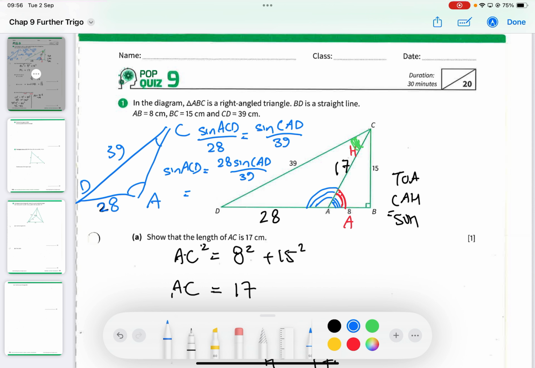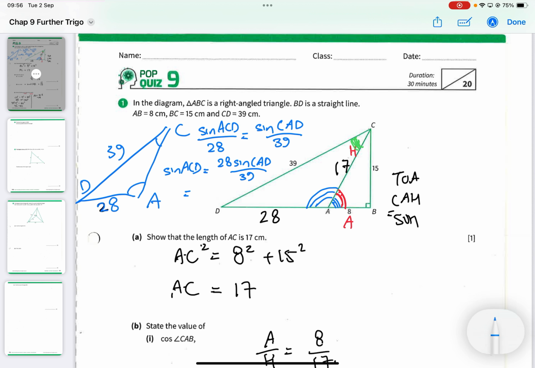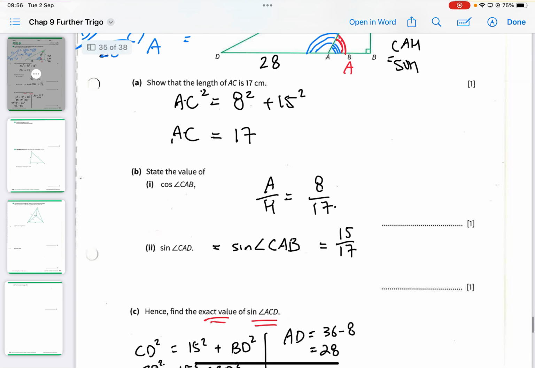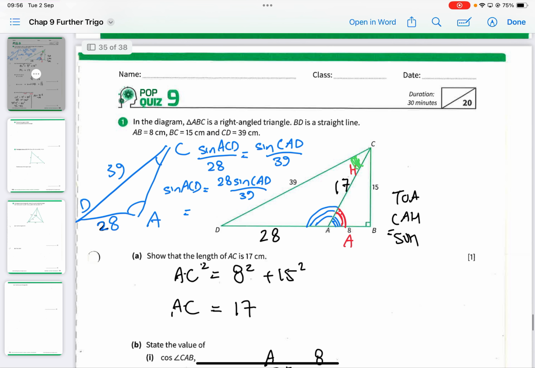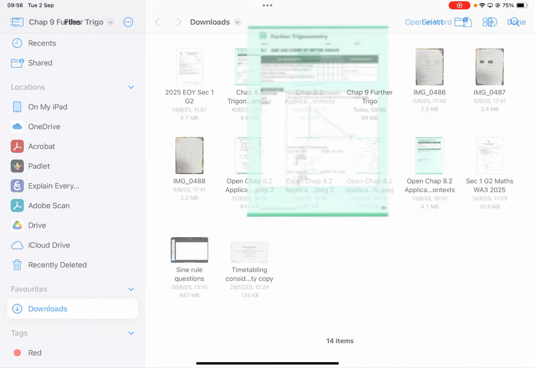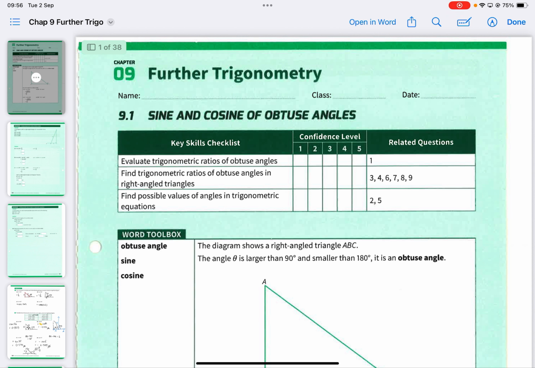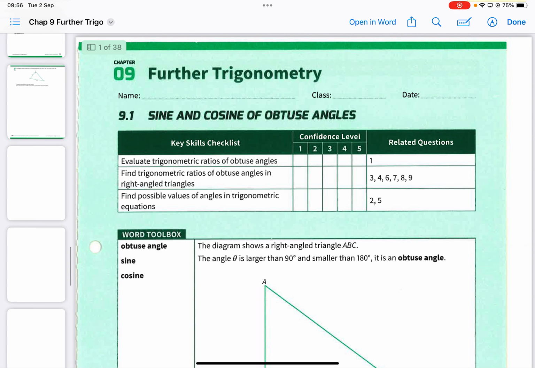And sine of CAD just now I found already in part B. Sine of CAD is the same as sine of CAB. I don't need to change to angle at all. The sine of this is 15 over 17.